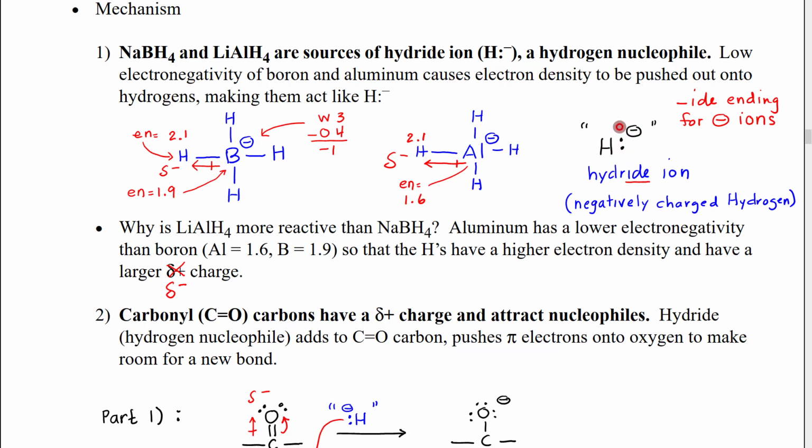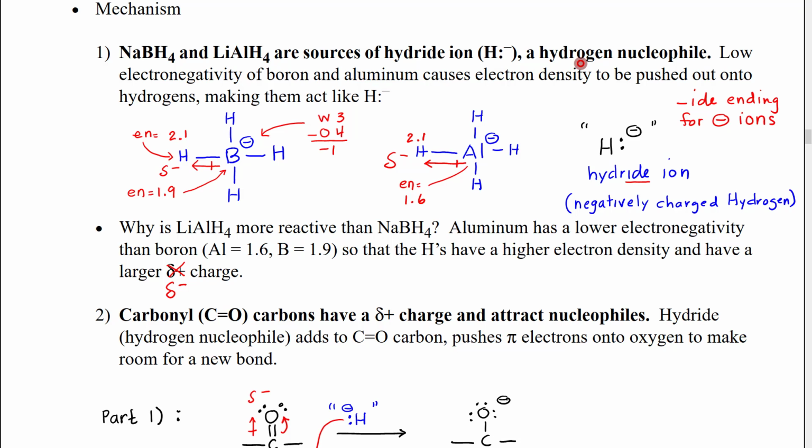It would have a -1 charge. It's called hydride because the IDE ending is commonly used for monoatomic negative ions. So in this case, we have a hydrogen monoatomic negative ion, we call it hydride. Hydride is going to be a strong base, and also a nucleophilic hydrogen.